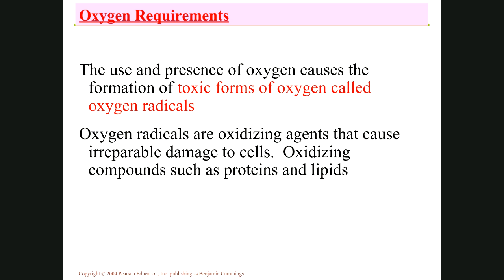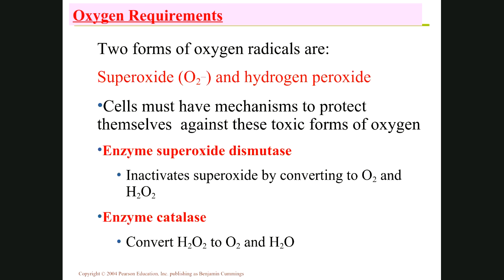So we are in a quandary. We need oxygen to make ATP efficiently, but at the same time, oxygen is killing us. So the solution was to evolve enzymes that would take care of the poisonous forms of oxygen, like superoxides and hydrogen peroxides. The enzymes are called superoxide dismutases and catalases.